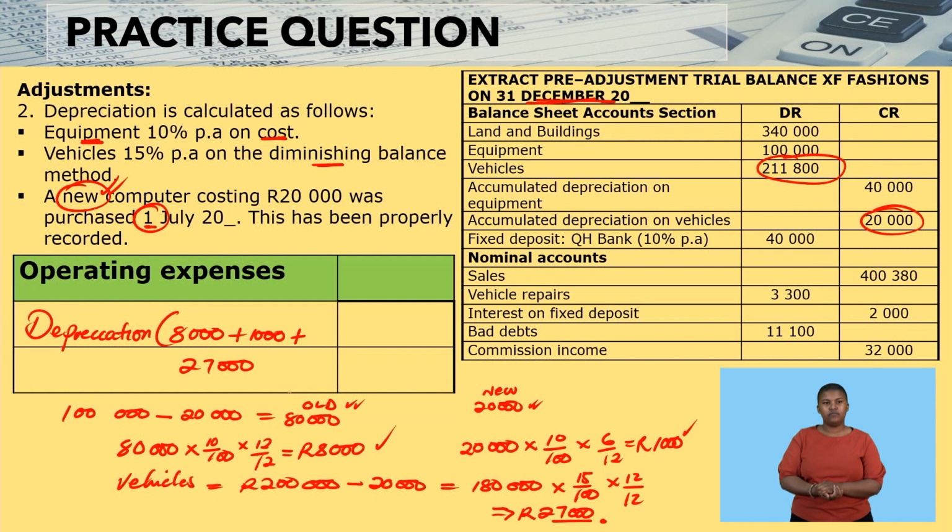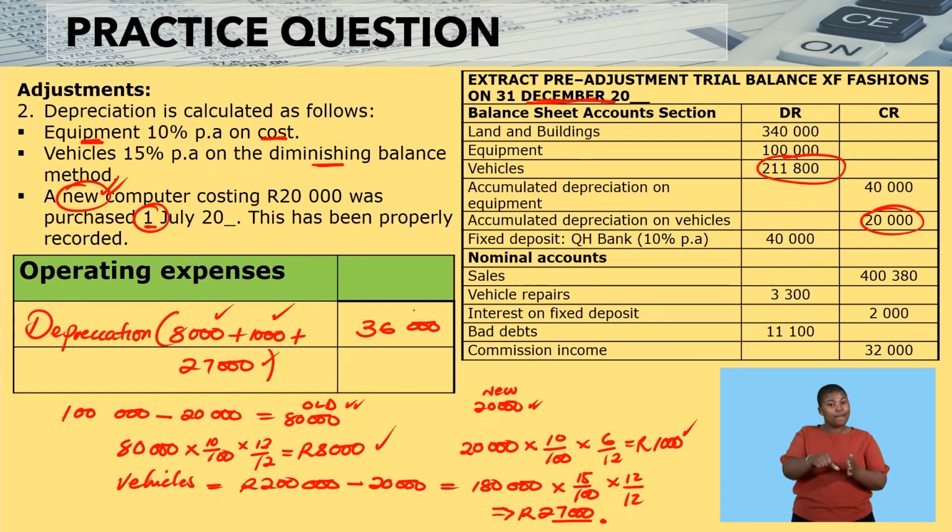All right. Very important that you get that amount. If you close this, then you are now saying your 8,000 plus 1,000 plus the 27,000. That would then give you a total amount, which is 36,000. 36,000 becomes your depreciation for the year.